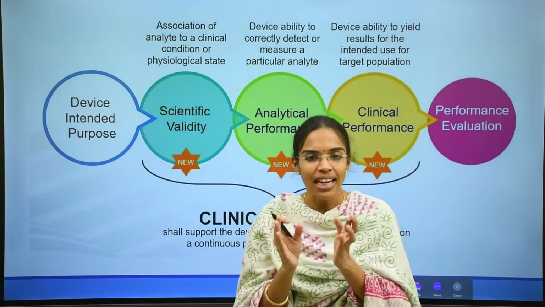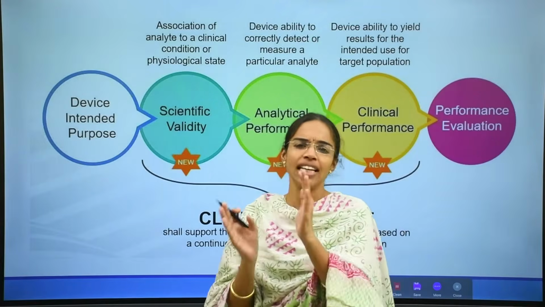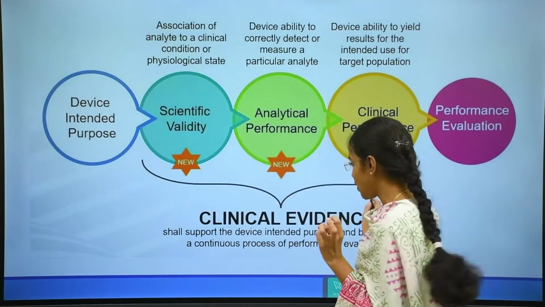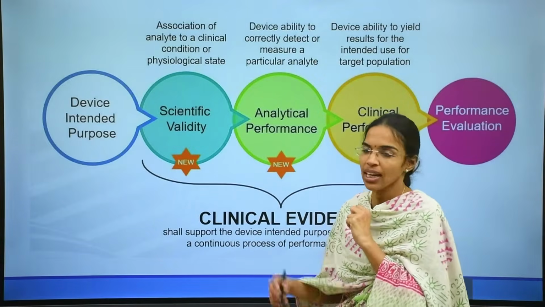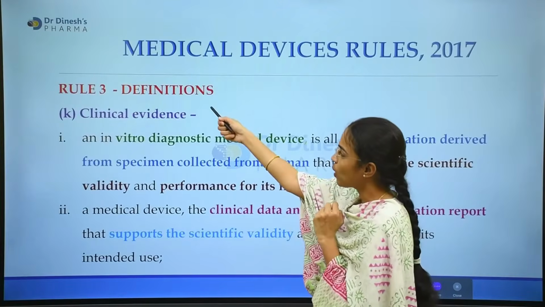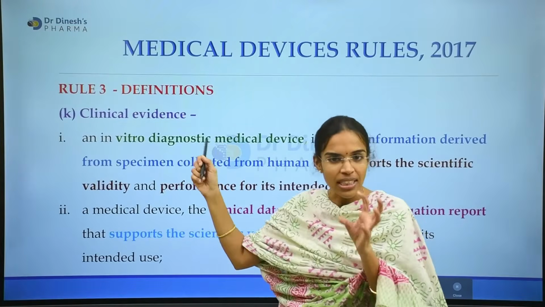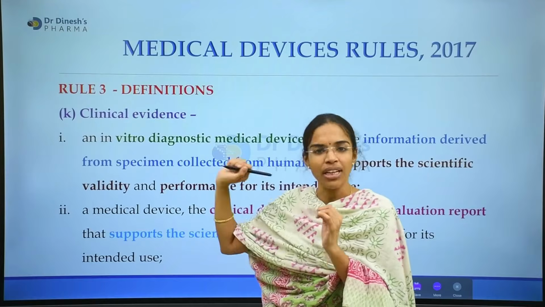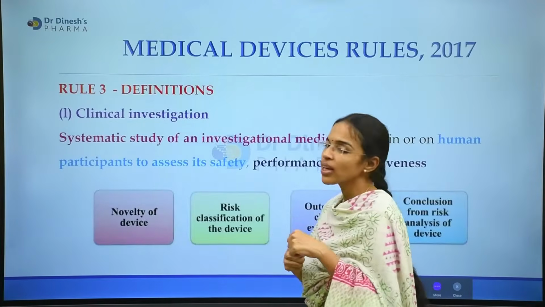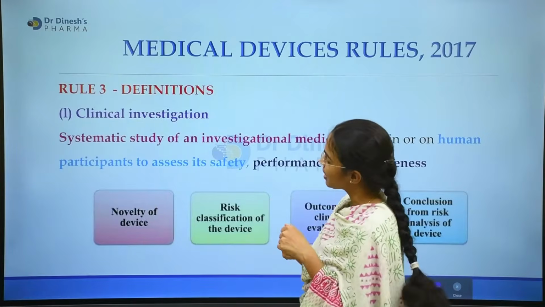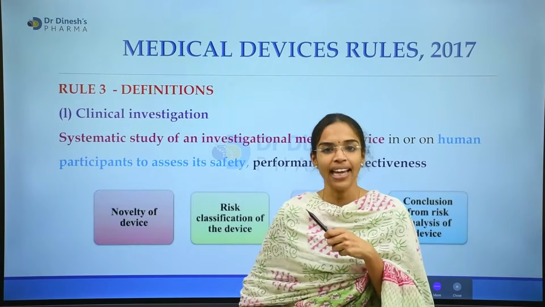Whether it is satisfying those purposes or not is checked under clinical evidence. That is all covered under the clinical evidence part. That is about clinical evidence according to MDR 2017. So moving forward, we will see the next rule.